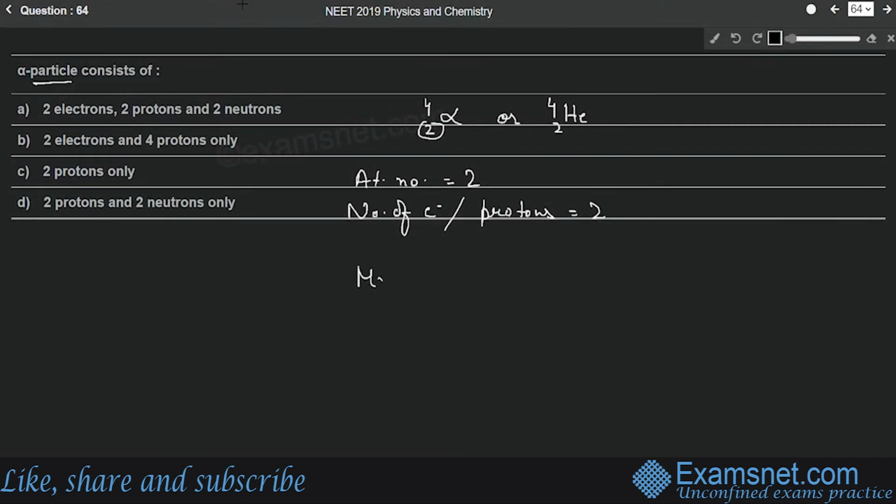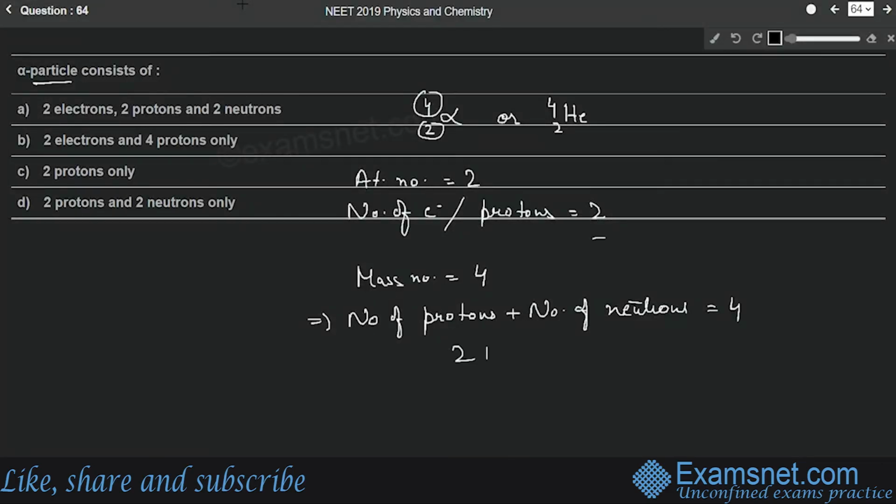Now what is the mass number? Mass number, the upper one, it is equal to 4, and mass number is nothing but number of protons plus number of neutrons. So the sum of these two is equal to 4, and we know that number of protons is 2.